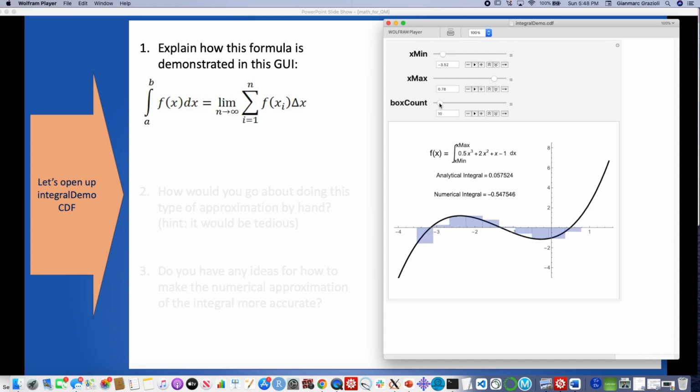So if I make it really low, there's very few. There's 10 boxes, right? So that's how many boxes we have. Now there's only one, right? So I could put a whole bunch of them, or just one, or whatever number I want, right? I can put these boxes here. So that is what the little learning tool on the right here is doing.